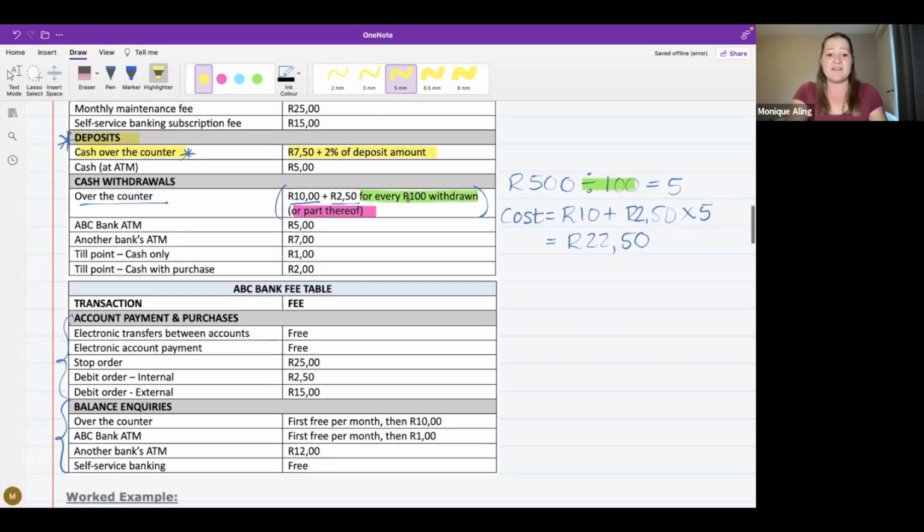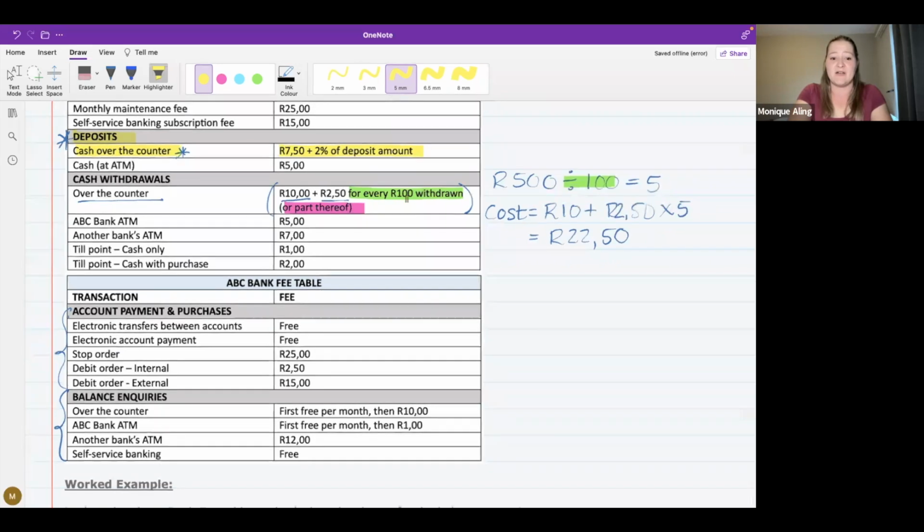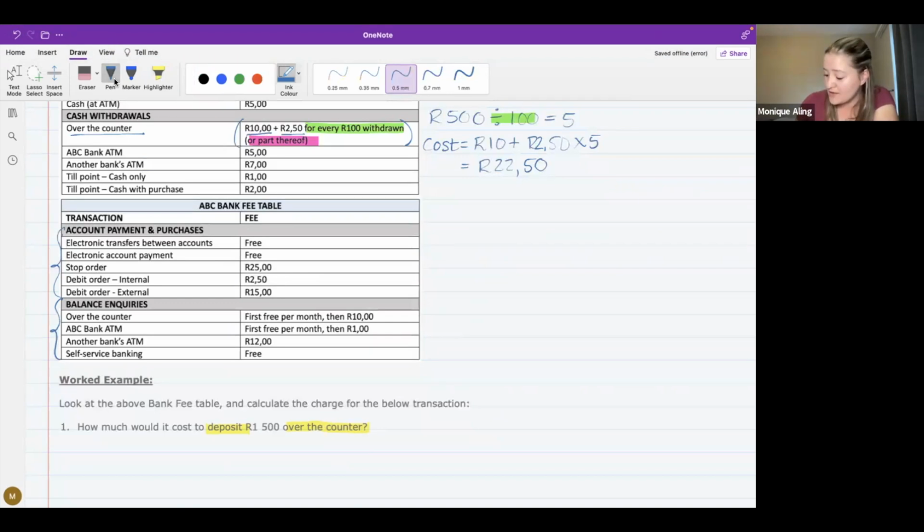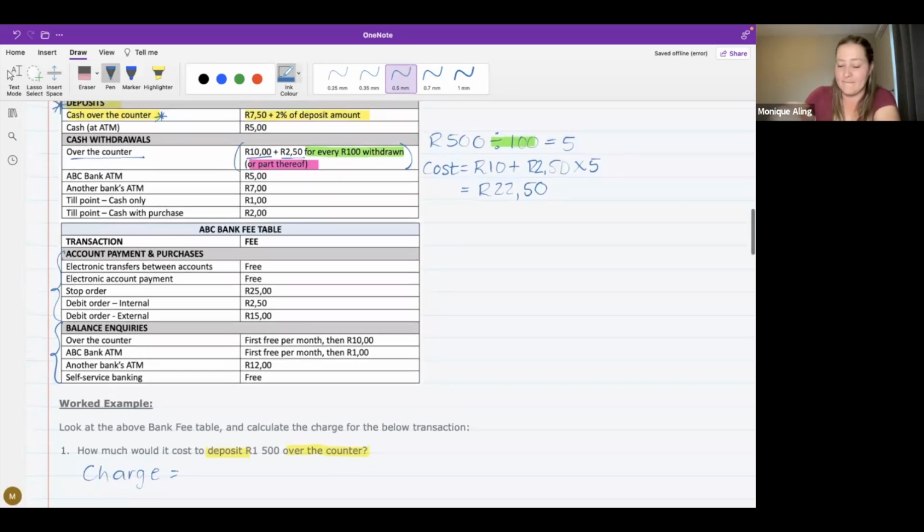They say it's 7 Rand 50 plus 2% of the deposit amount. So if we're going to work out this charge or costs, the bank is going to charge you R7.50, because that's what it says in that table, plus they charge you 2% of the amount. 2% of means times, and the amount that we are depositing is 1,500 Rand.